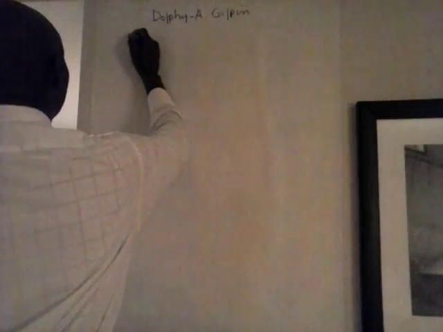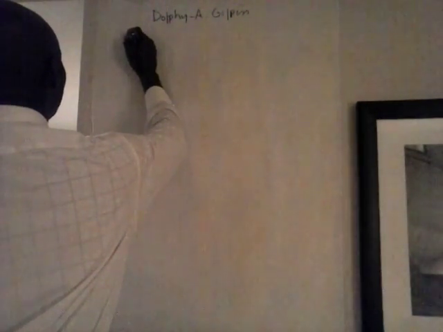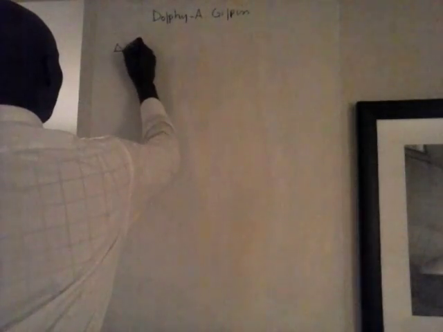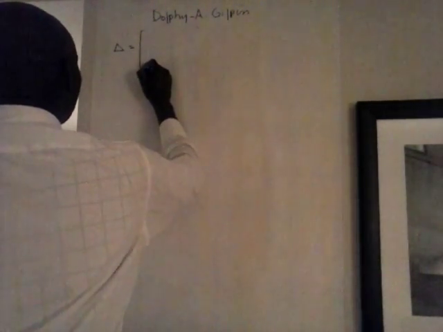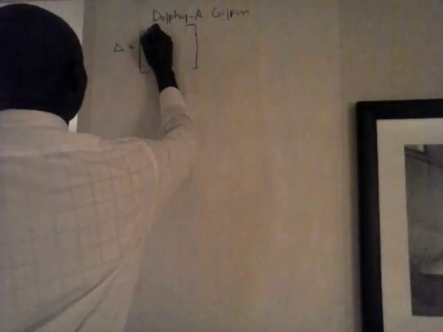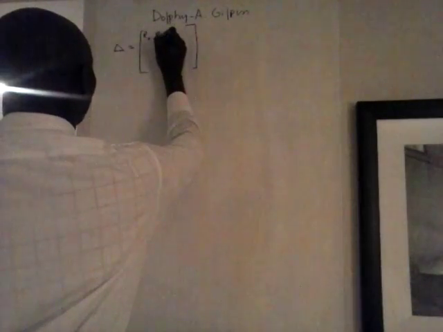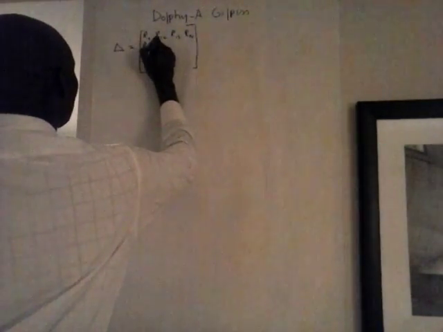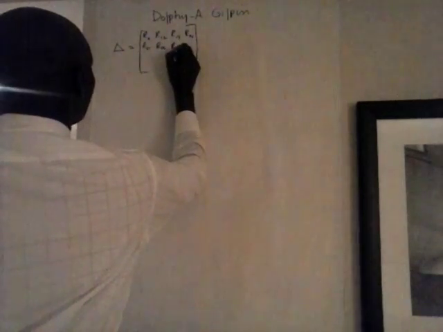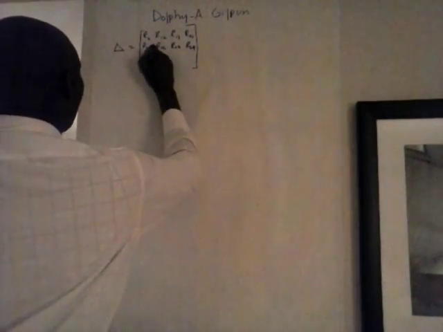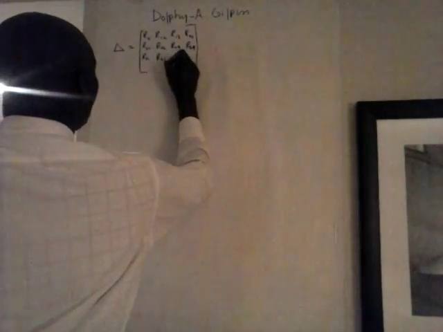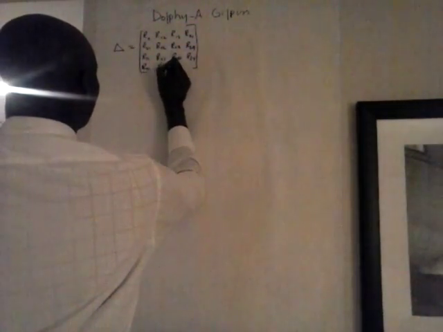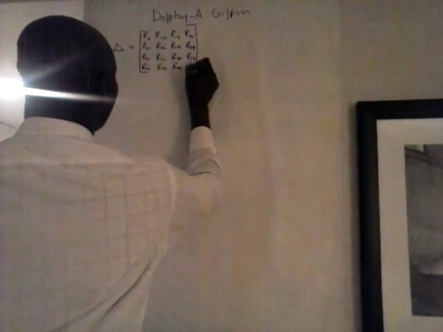Suppose now we have the general, or the delta, we know was equal to the determinant of R11, R12, R13, R14, R21, R22, R23, R24, R31, R32, R33, and R34, and R41, R42, R43, and R44.